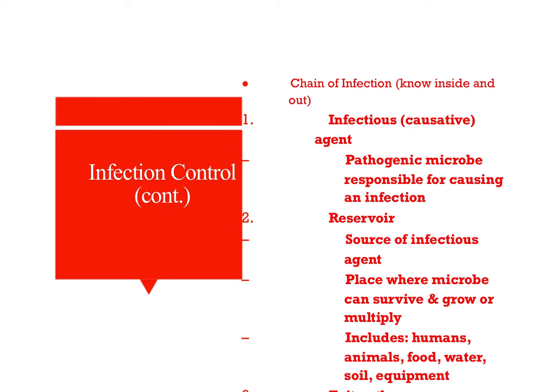Now we're going to talk about the chain of infection. You need to know this inside and out. This is something that, as a healthcare worker, you are going to see. You're going to get training on this. Like, you'll see this a lot, okay? So, the first component of the chain of infection is our infectious agent, or the thing that is causing the infection, okay?